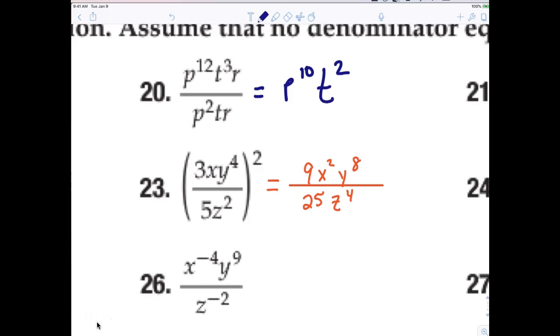And what happens to the R's? That's exactly right. That's the answer. Any issues with that? You could put over 1, but it's not necessary.